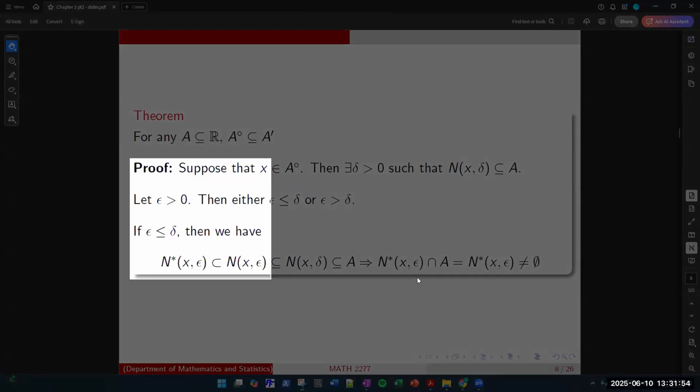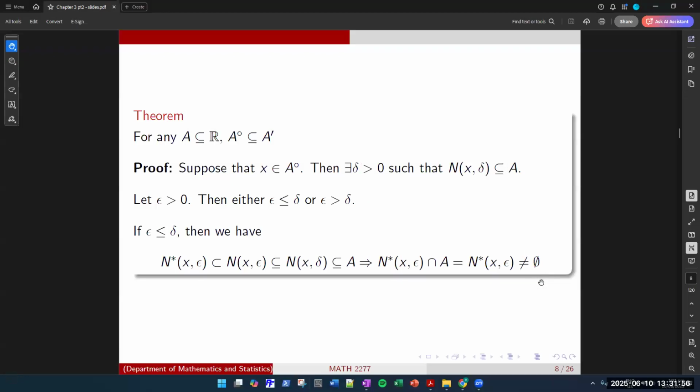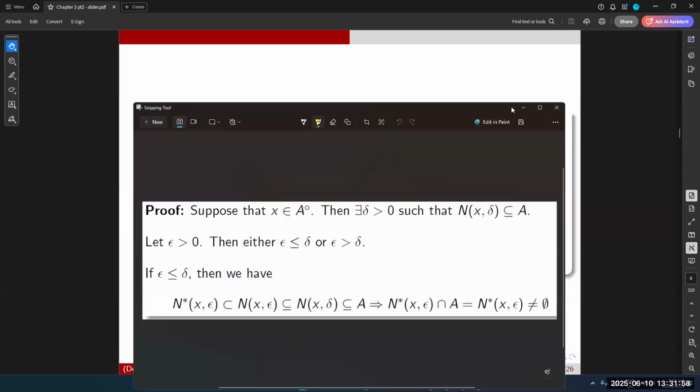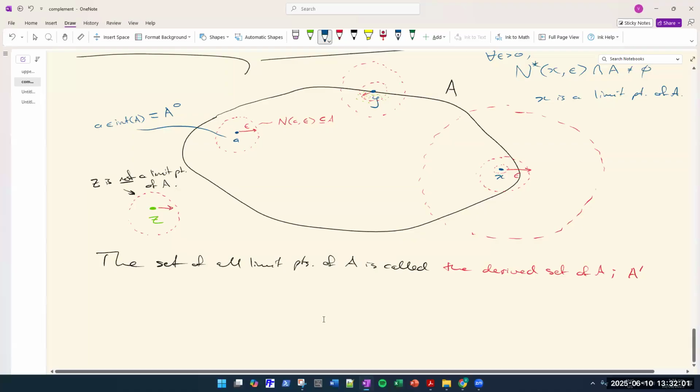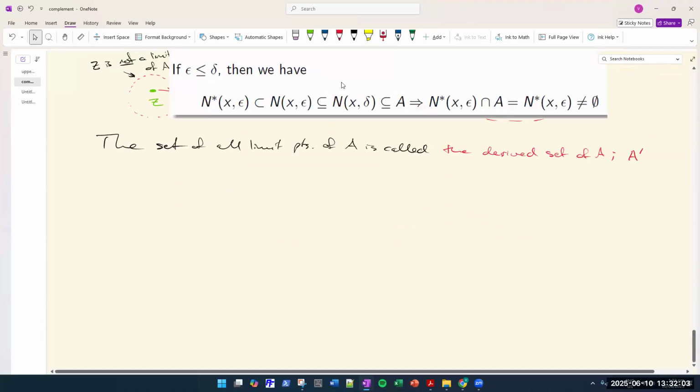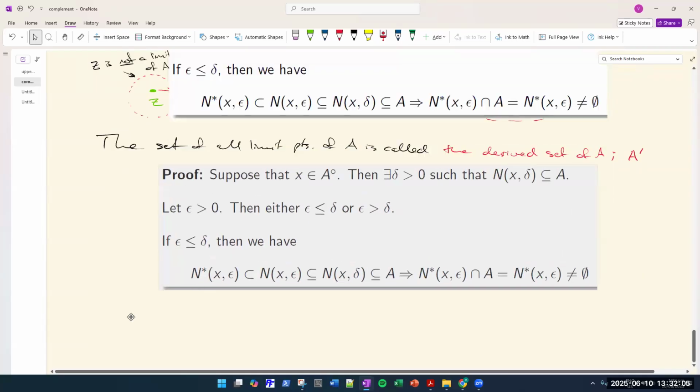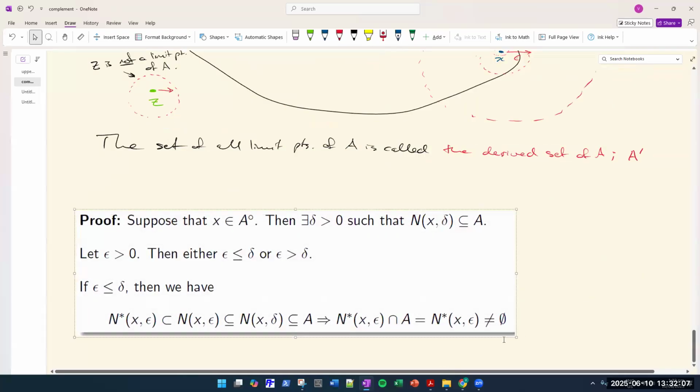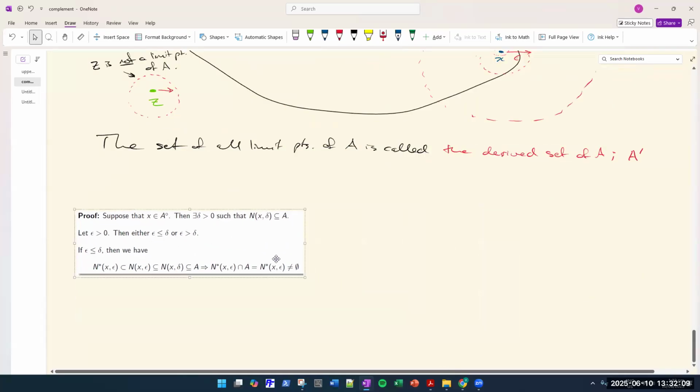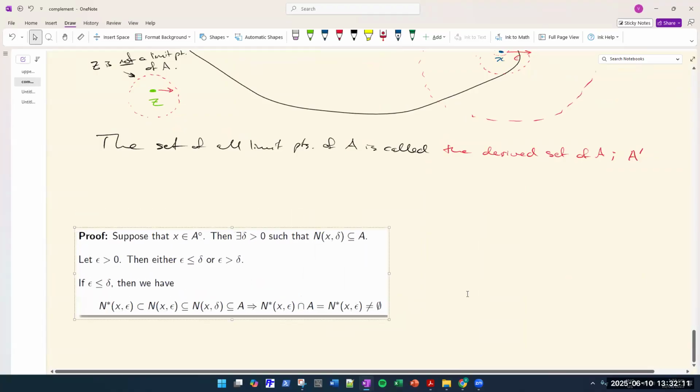I want to show you all how they got this line. Right, so I just want to show you all how you do this calculation, because you don't need to cram this.